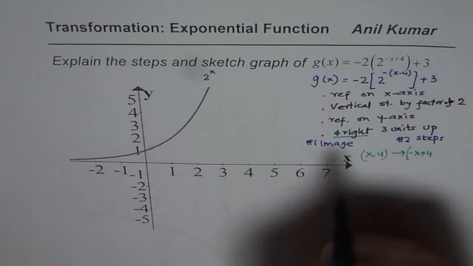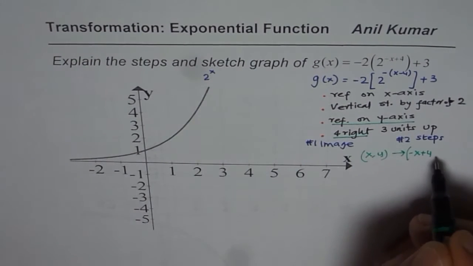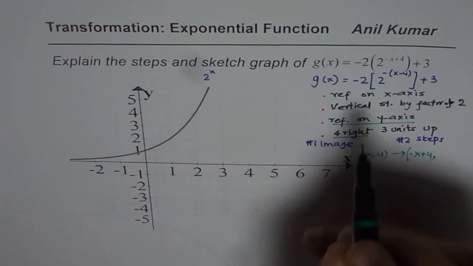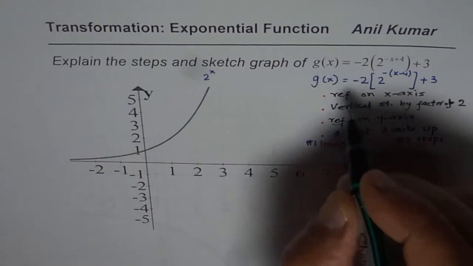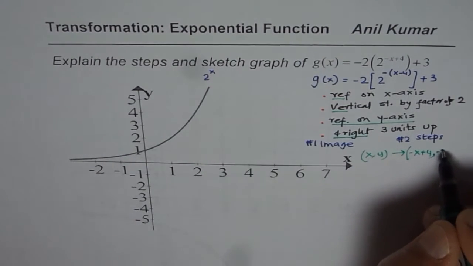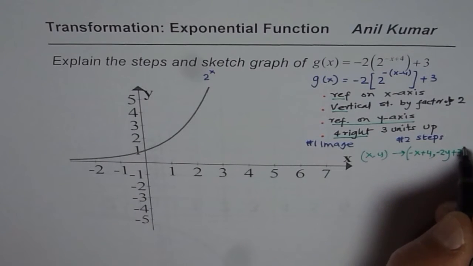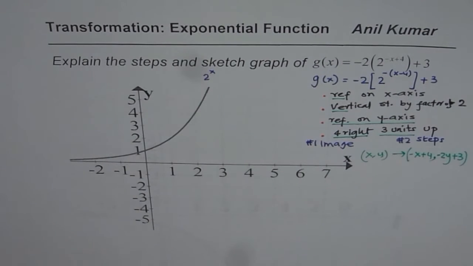So we've taken care of 4 units right and reflection on y-axis. As far as the y points are concerned, its value will be multiplied by minus 2, that is taking care of reflection and vertical stretch. So minus 2y, and then 3 units up means plus 3. So we have taken care of all the transformations.